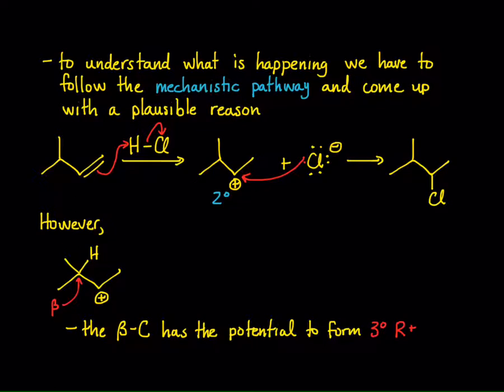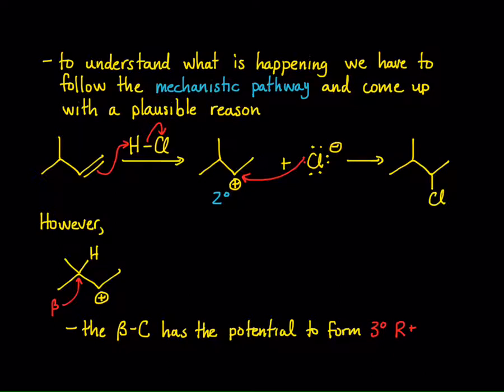We know that tertiary carbocations are more stable than secondary carbocations. And so what happens is, in the intermediate formation of the secondary carbocation, there's another step that can occur in forming a tertiary carbocation, a more stable tertiary intermediate. How does that happen?